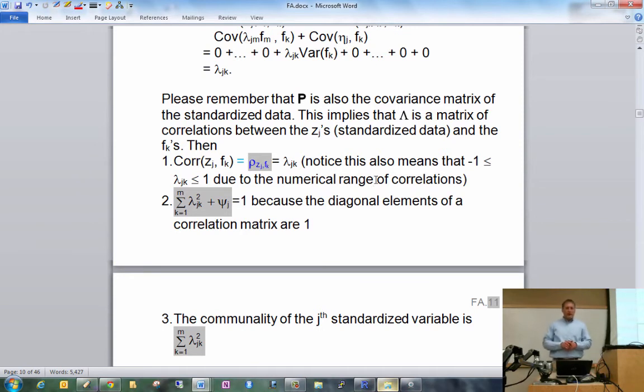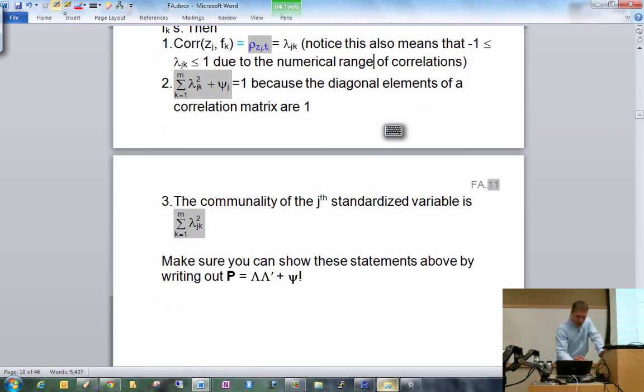Now, what if instead of working with x's, or x tildes even, I work with the z's? What happens to our factor analysis equations? Well, now instead of having a sigma out in front, you can put a rho there, your correlation matrix. And the diagonal of the correlation matrix is always 1s.